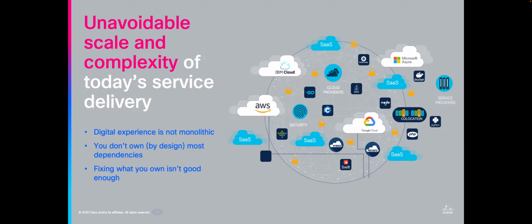ThousandEyes empowers the enterprise to see and understand what's going on with the digital experience, whether it be for customers or internal users. And it allows you to visualize any network as if it were your own. So if it's across 3 different cloud platforms, it's very difficult to navigate all of that, or to successfully monitor it.